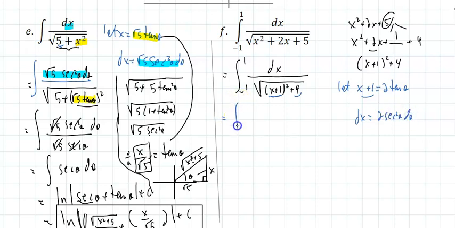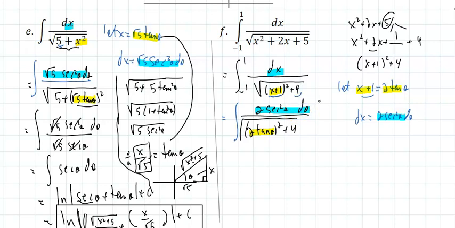So this is the integral of twice the tan of theta squared plus 4 underneath a radical. dx is all of this. That is twice the secant squared of theta d theta.